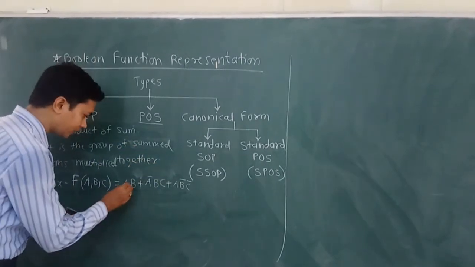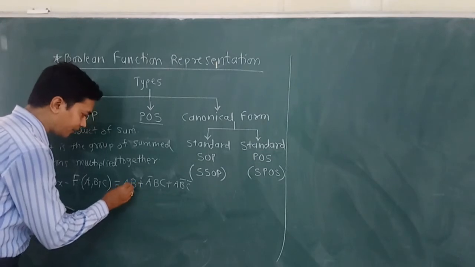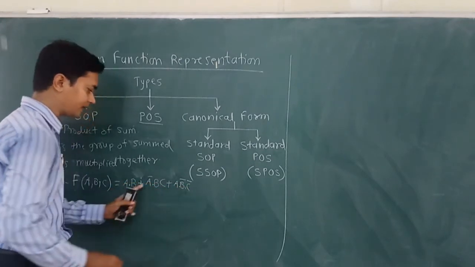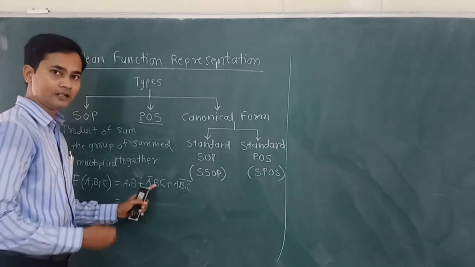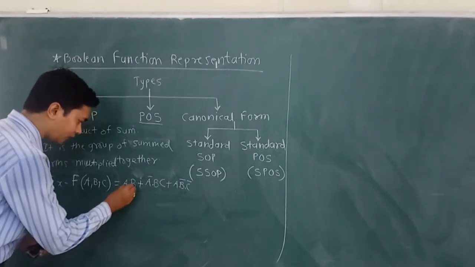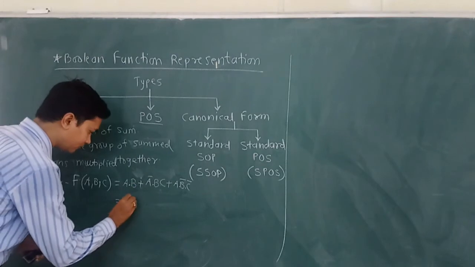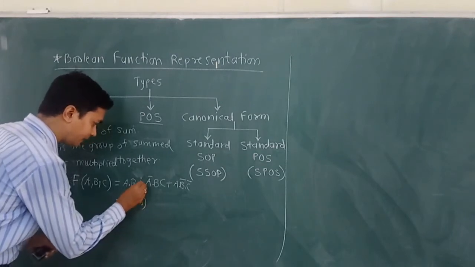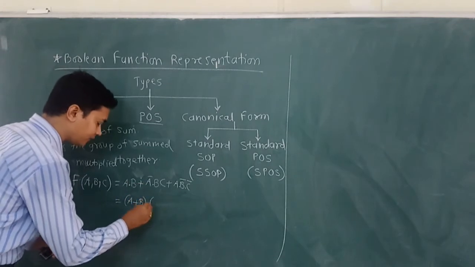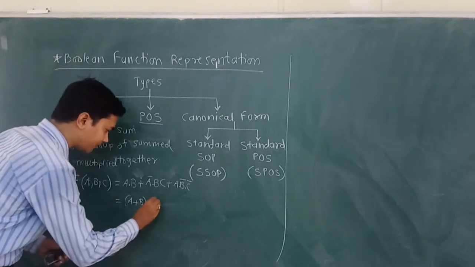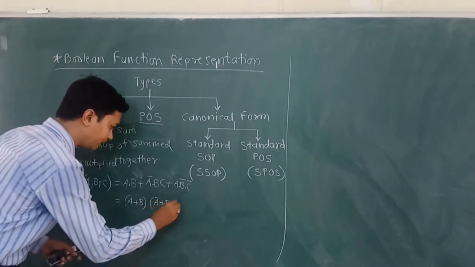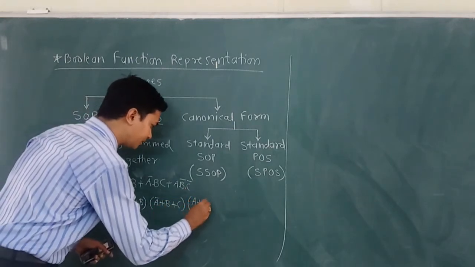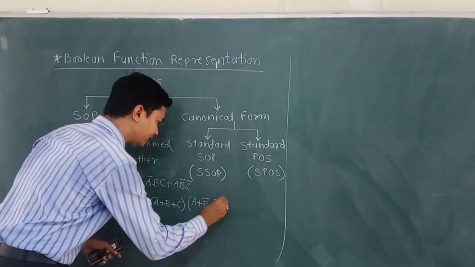Here AB means A dot B. Generally we don't write dots; the multiplication is actually represented by dots. So dots will be converted to plus sign, A plus B. Now here plus will be converted to dot, which means we can simply write brackets: (A bar plus B plus C) into (A plus B bar plus C bar).